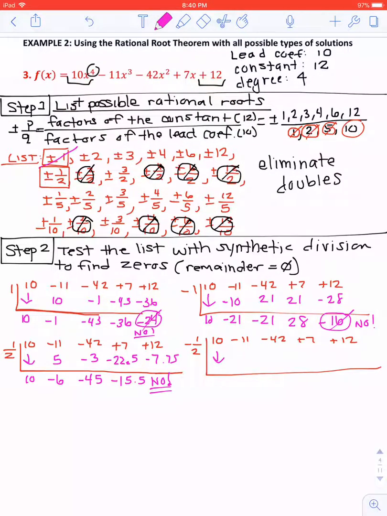All right, bring down my 10. Negative half of 10 is negative 5. That's negative 16. So that's positive 8. So that's negative 34. All right, half of 34, so 17. I add those to get 24.